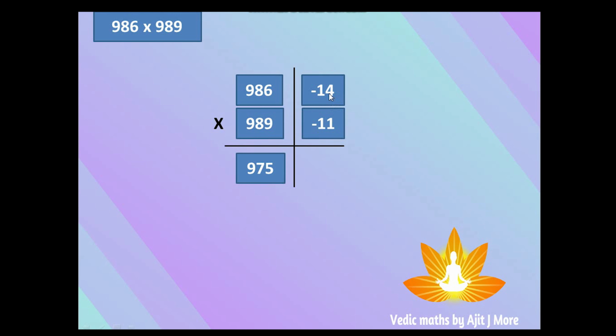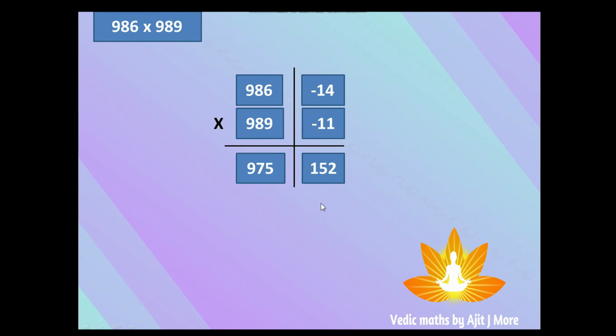And the second part is vertically multiplying. You know that, that is 14 into 11, and in the previous sessions we have discussed how to find the solution of multiplying any number with a series of 1s. Here we'll get 154. Is it clear to you? So the second part is 154.